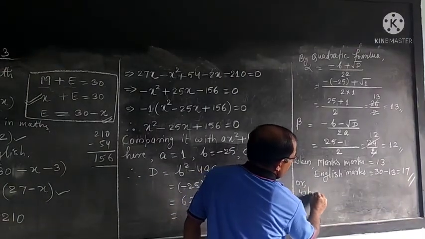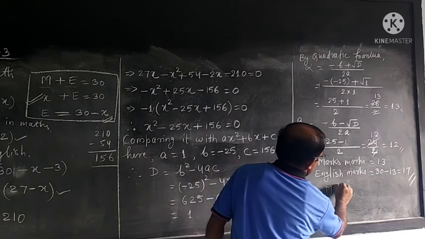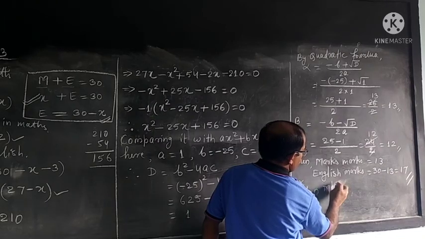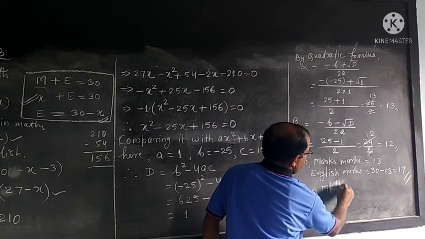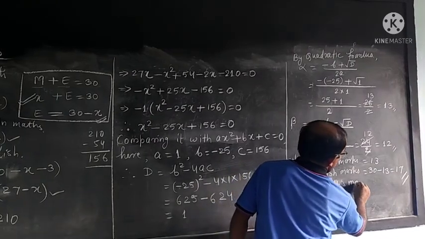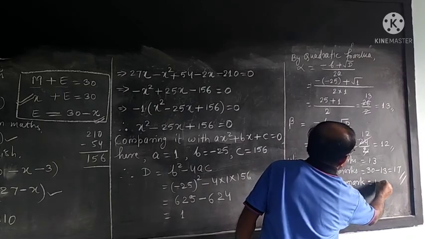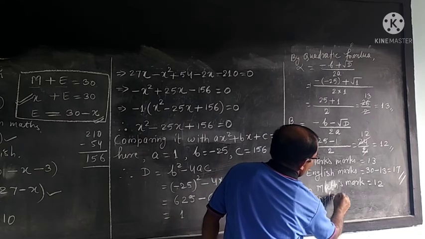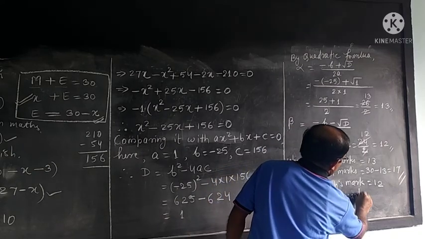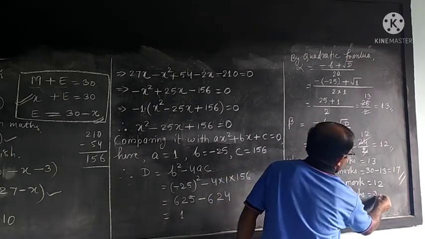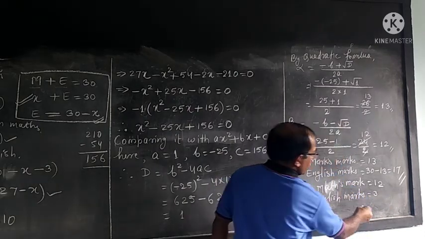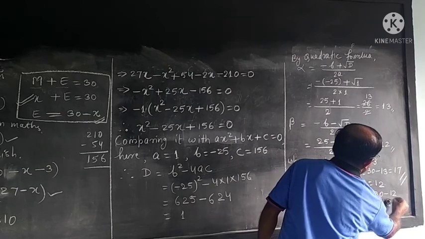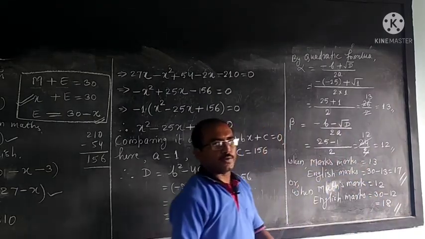Or when we take the other maths mark, the other value is also applicable here. When maths marks is 12, then English marks will be 30 minus 12, that is 18 marks. So, both answers are correct for this situation.